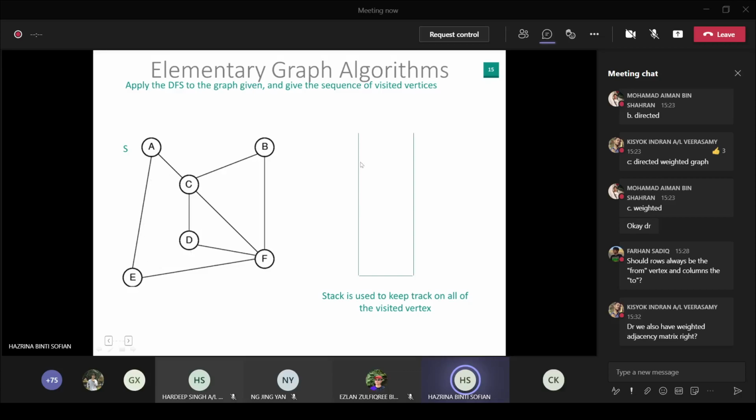Since we need to use a stack, this is our stack. We start at S. So the question is, apply the DFS to the graph given and give the sequence of visited vertices.